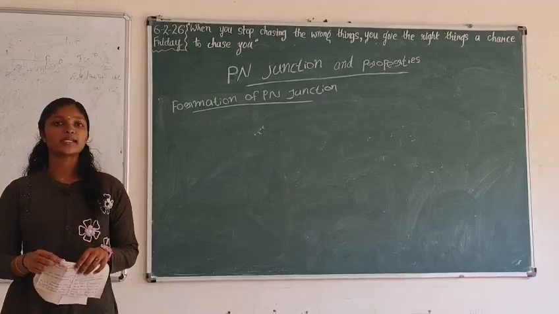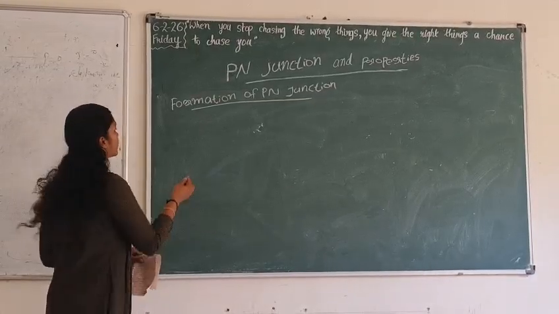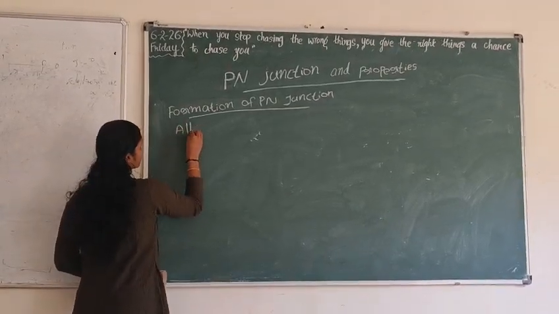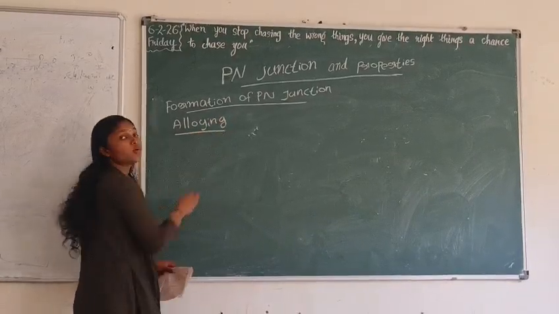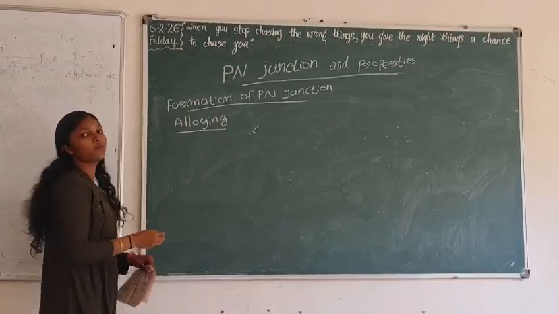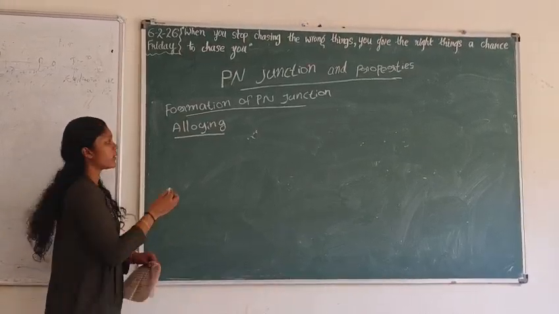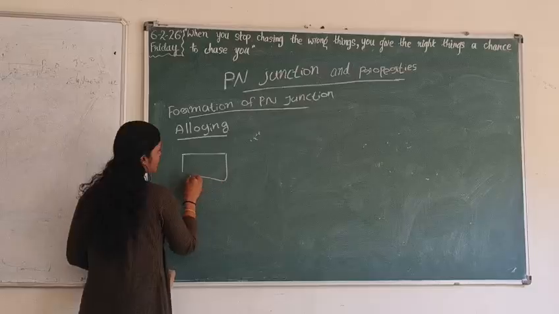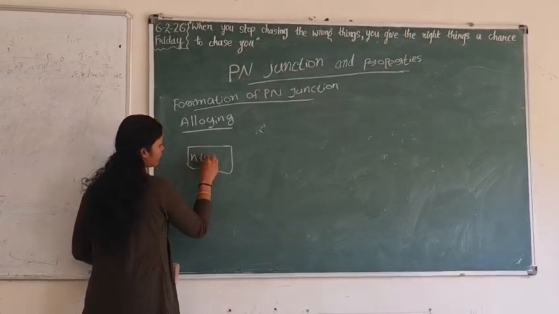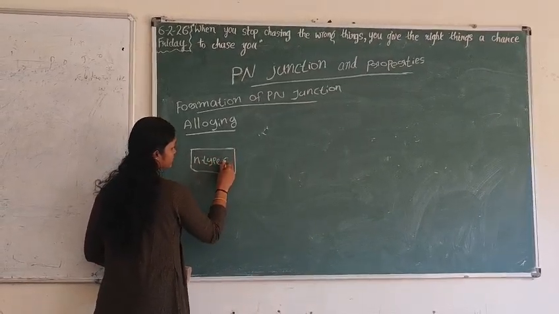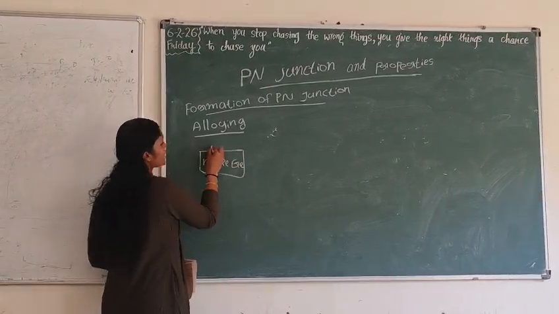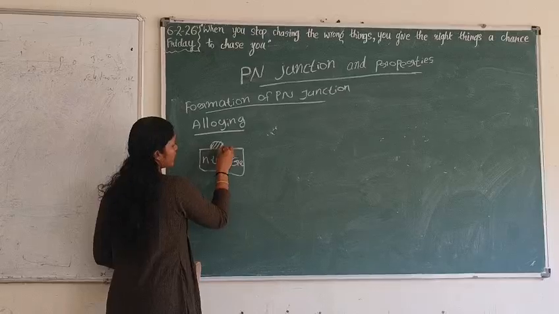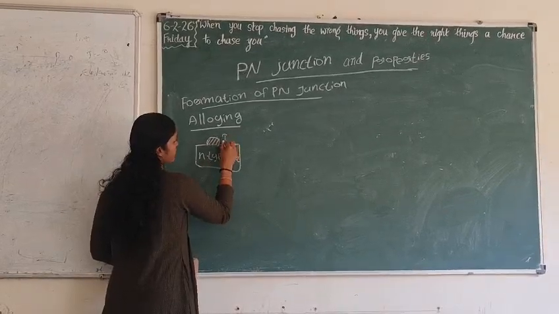One of the common methods is alloying. In this method, a small block of indium is placed on an N-type germanium slab. So this is an N-type germanium slab, and a small block of indium is placed on this germanium slab.